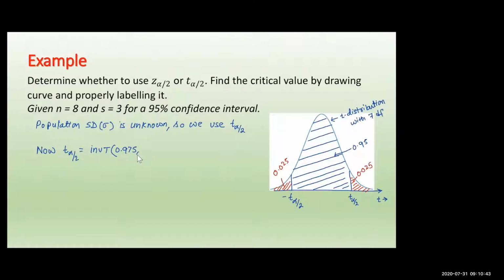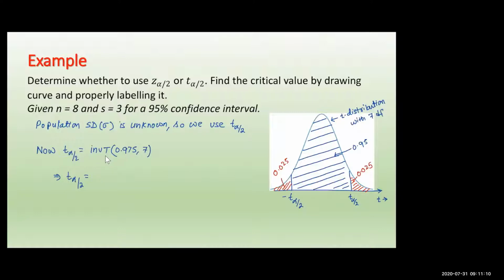Then we put a comma, and then we write the degrees of freedom, which is 7 because the sample size is 8, and 8 minus 1 is 7. So this implies your critical value T alpha over 2 is equal to... In our TI-84 calculator, you have to go to second, vars, and number 4.